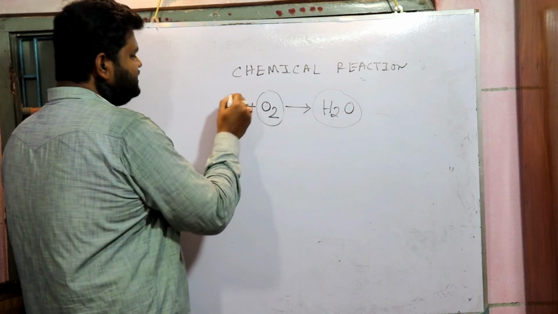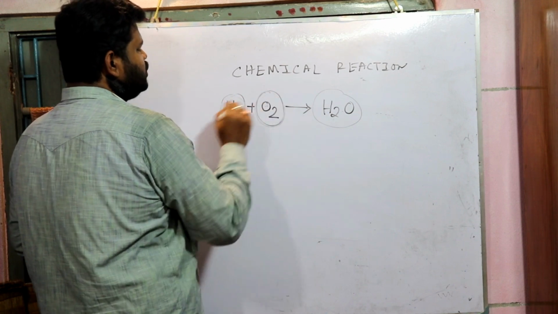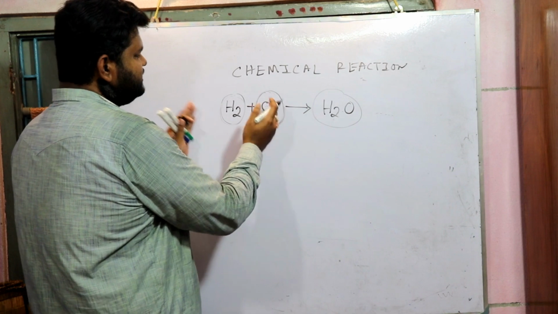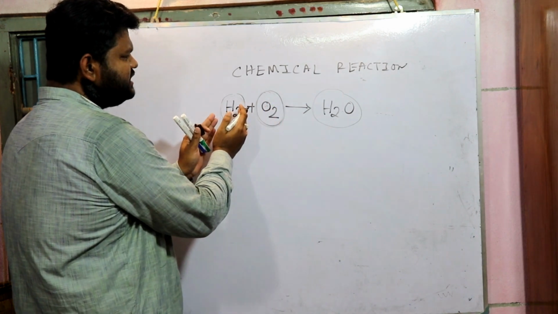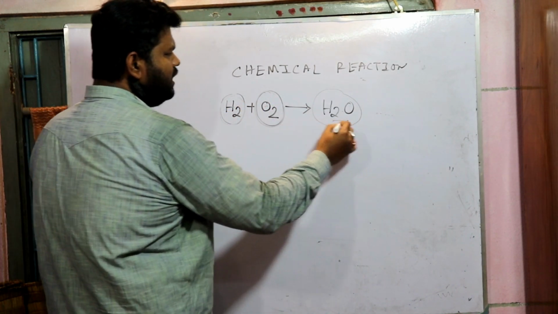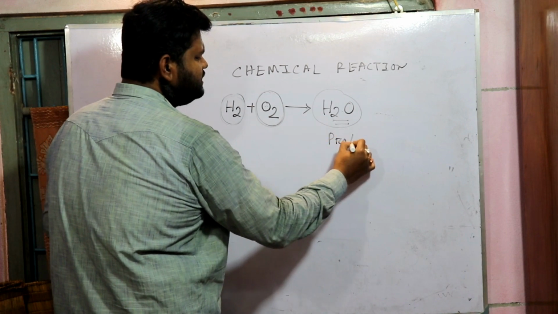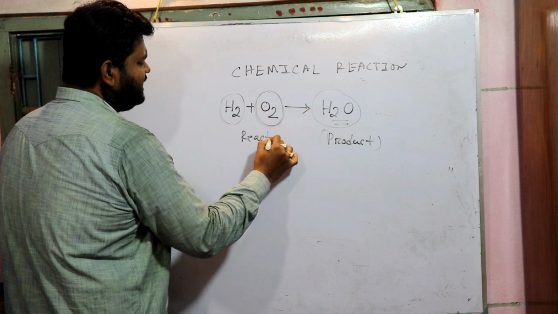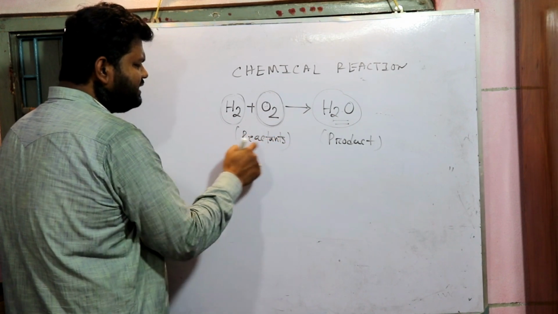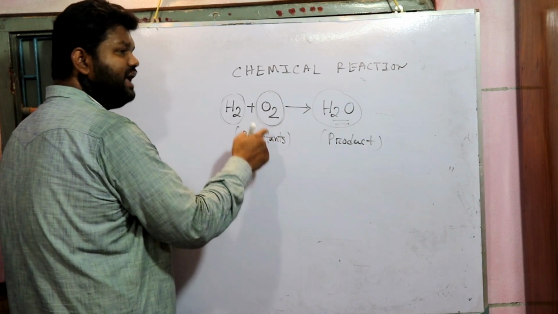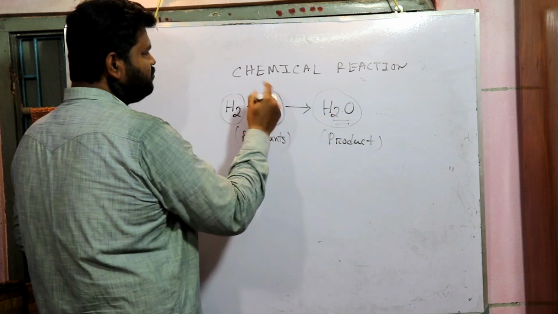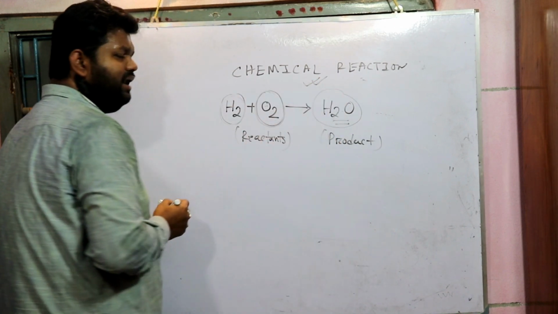So these two elements or compounds or substances are reacting with each other to produce this one. So this is the product, and these are the reactants. That means the reactants react with each other to produce a product. This process is known as chemical reaction.